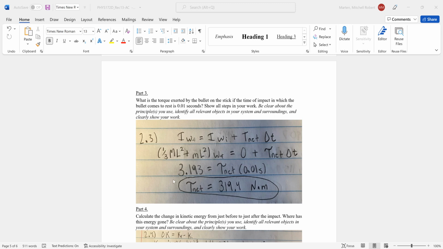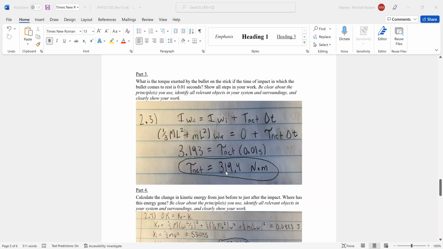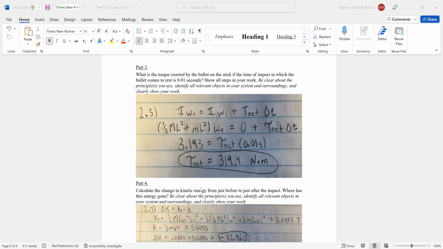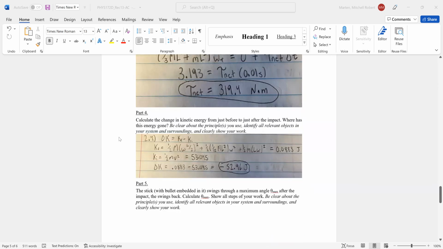So we can just set the 3.193 equal to the torque times this delta t, 0.01 seconds. And we find that the torque net is 319.4 newton meters. You guys get that? Yeah. Okay.